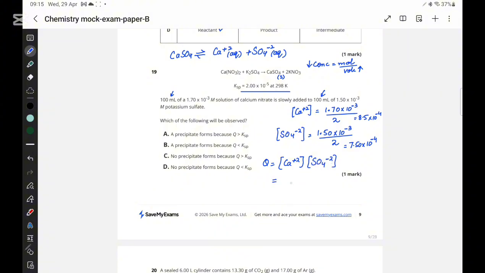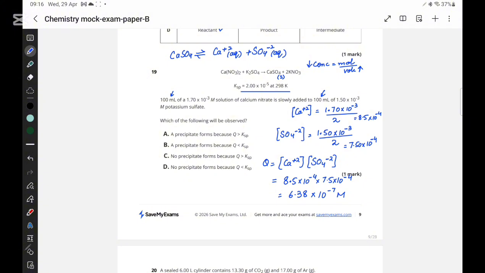So the formula is 8.50 times 10 to the power minus 4 times 7.5 times 10 to the power minus 4, and the answer comes out to be 6.38 times 10 to the power minus 7 molar.